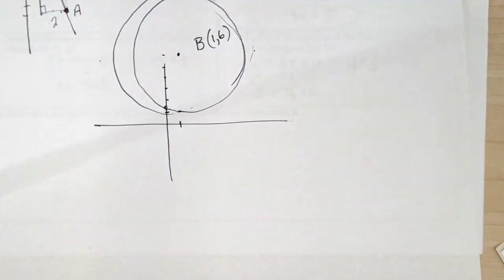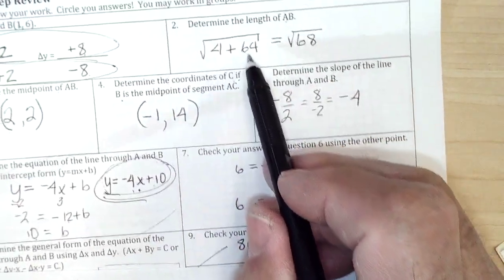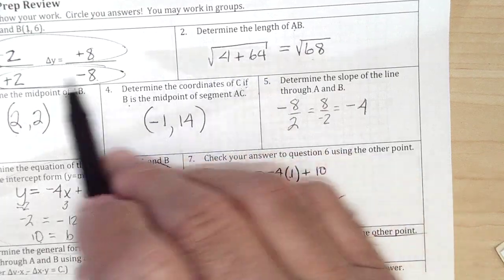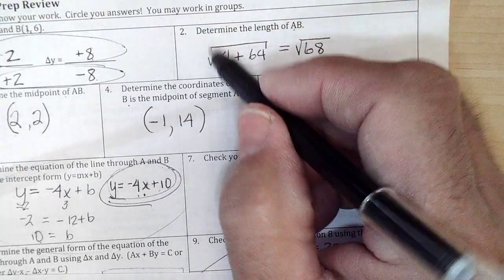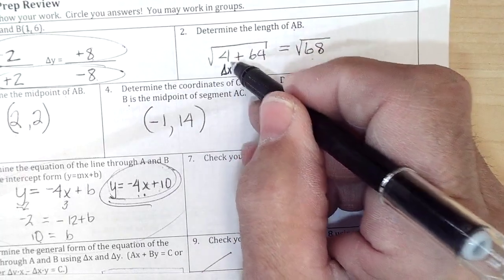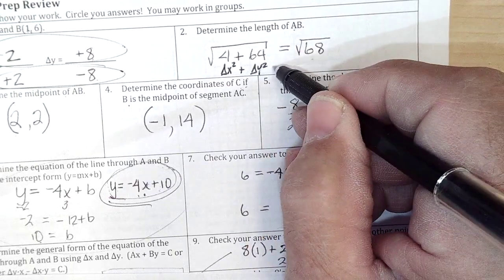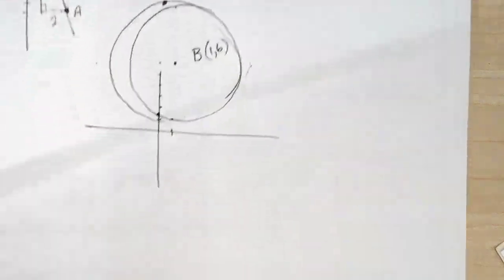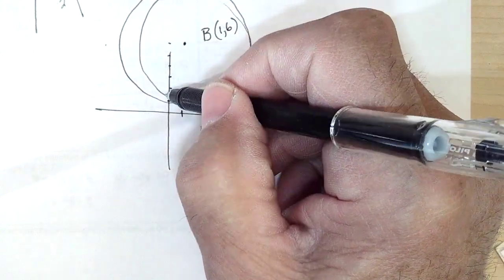Now, just like we found the distance from A to B by using the change in x squared and the change in y squared, and then taking the square root, if we're going to be 5 away, it's going to be some change in x and some change in y.